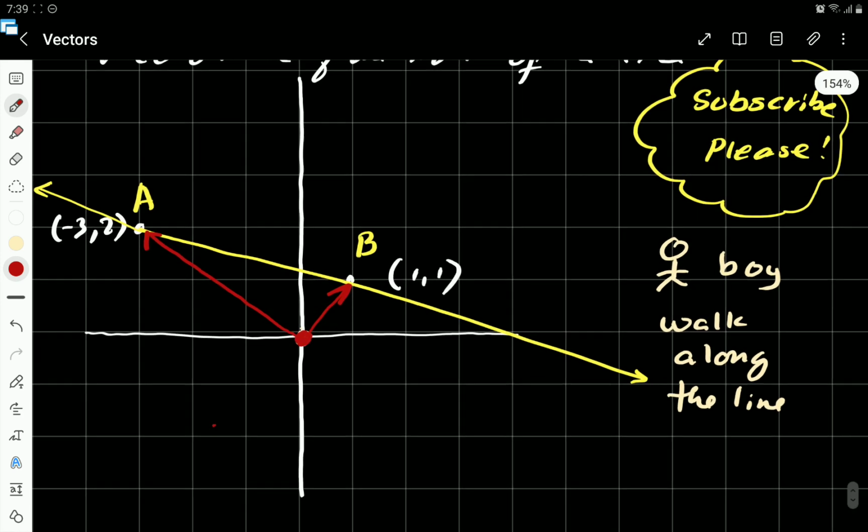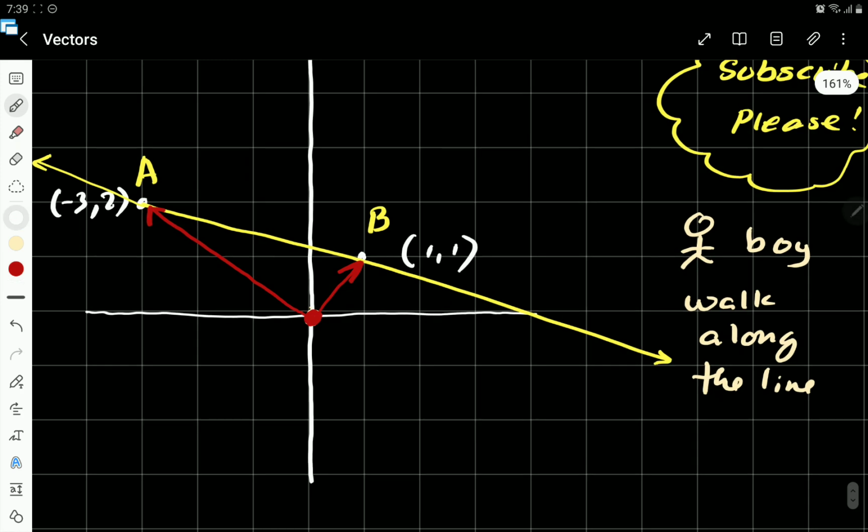And please take a look that OA is the vector (-3, 2), and OB is the vector (1, 1). Okay? So let's say the boy said, I want to go to A.